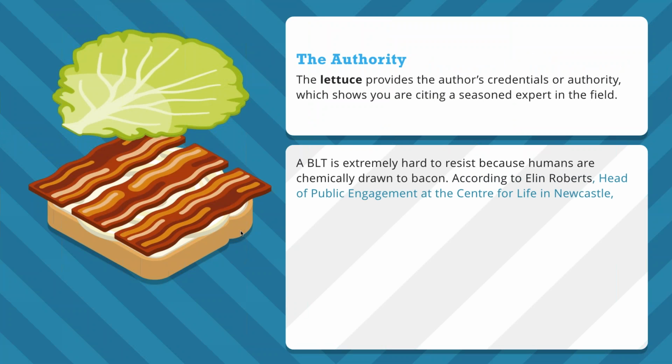So now we know that she's someone who works at what is potentially a medical facility. I want to maybe dig a little bit further into what the Center for Life is before I necessarily trusted her credentials, but we have the sense that she's someone who has some credentials. Okay.